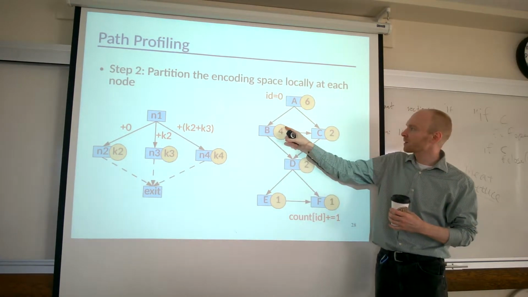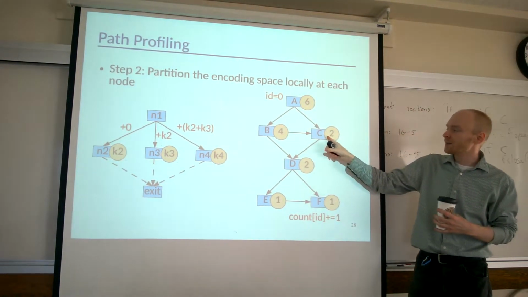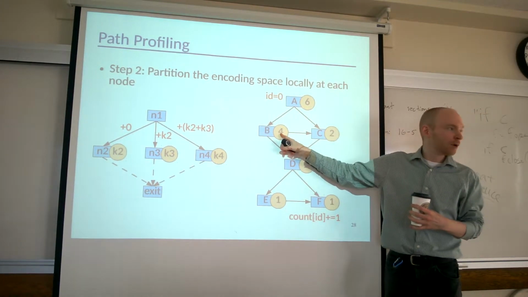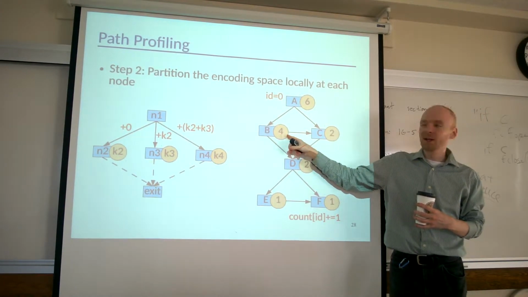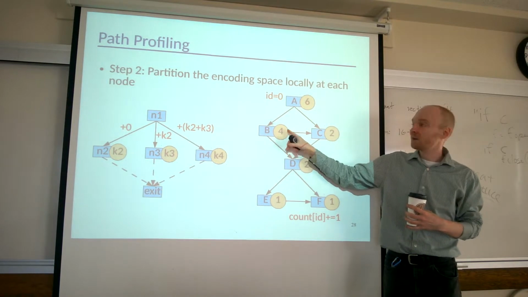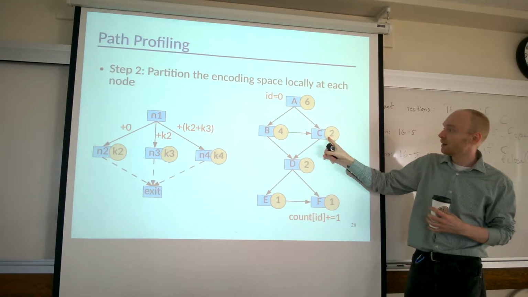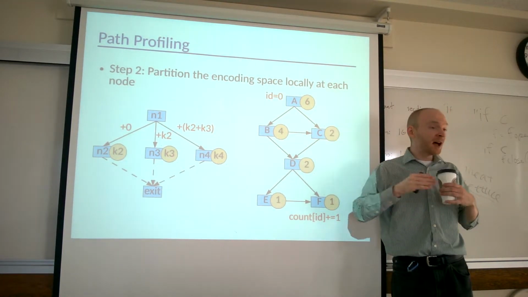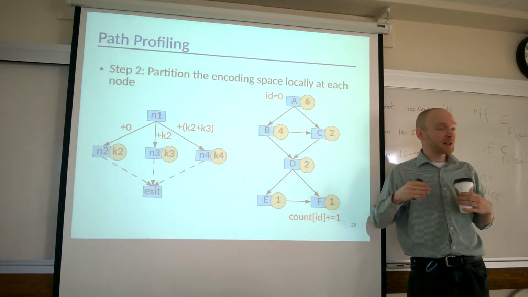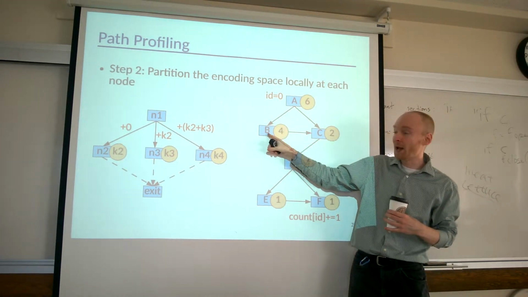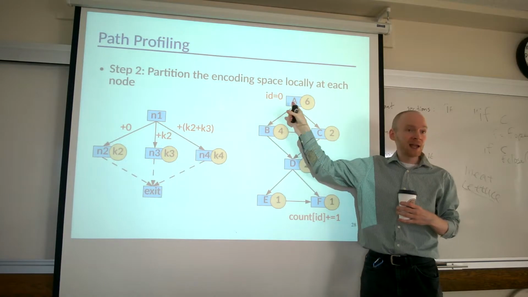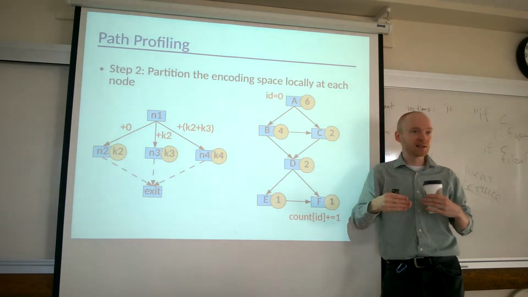And anything that starts AC then has to be 4 or 5, right? Anything that starts with AC can't have an ID in the range of 0 less than 4, because those are reserved for AB. So AC has to start after that, at 4.